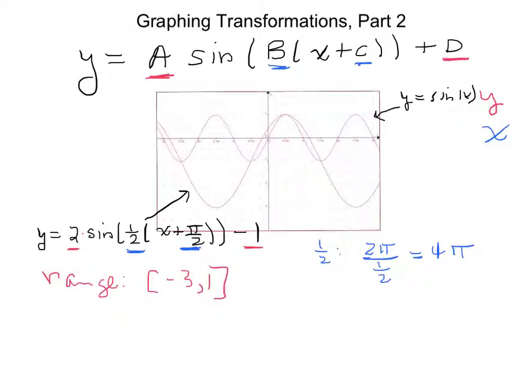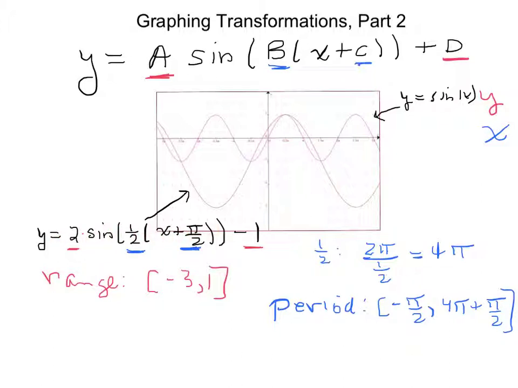And so what that tells us is that one full period, let me write it down, one period is going to go from minus pi over 2 to 4 pi plus pi over 2. And that'll be one full period for this function.